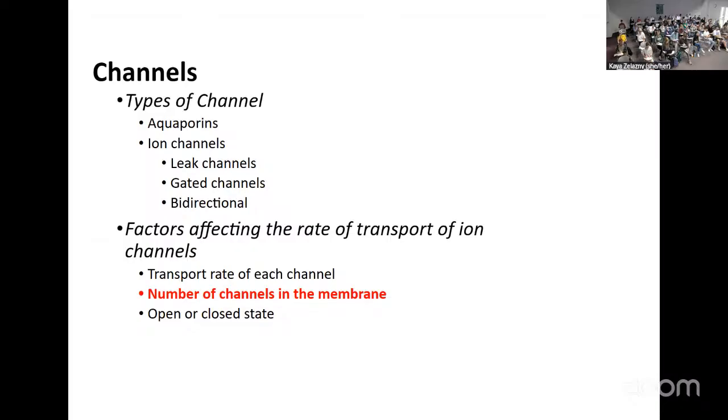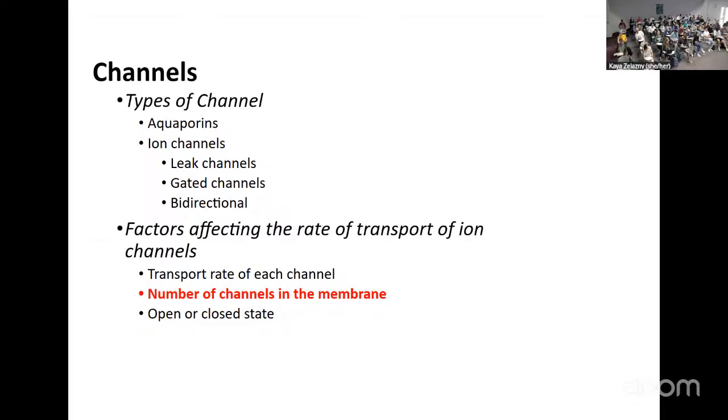So you can think of it as almost like how narrow or wide that passage is. It's not exactly that, but it has a transport rate associated with that protein. The number of channels in the membrane is going to matter too. So just like we could put more GLUT4 carriers in a membrane to allow more glucose to travel, you can put more sodium channels in a membrane to allow more sodium to travel faster.